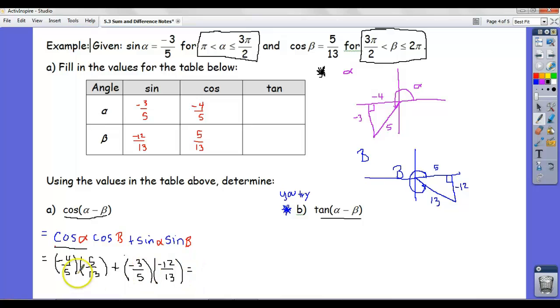And so now we can simplify. Negative 4 times 5 is negative 20. 5 times 13 is 65. And then I'm adding that to negative 3 times negative 12, which is 36 divided by 65, which equals 36 minus 20, 16/65. So we don't know what alpha and beta are, but we know exactly what the cosine of alpha minus beta is. It's 16/65.